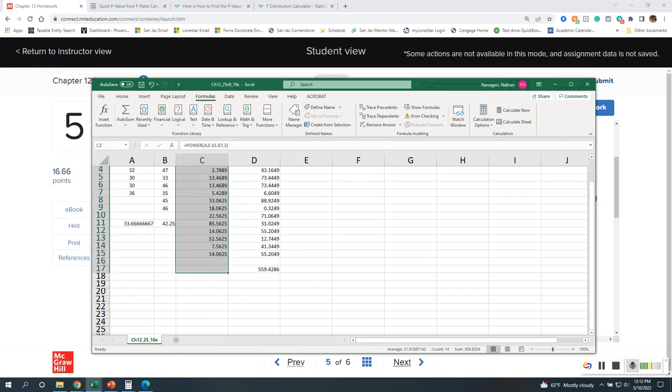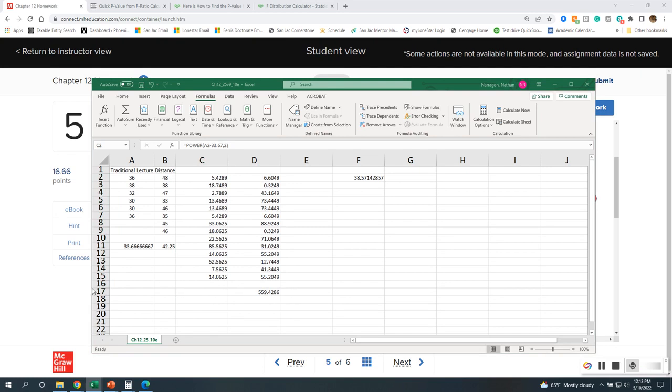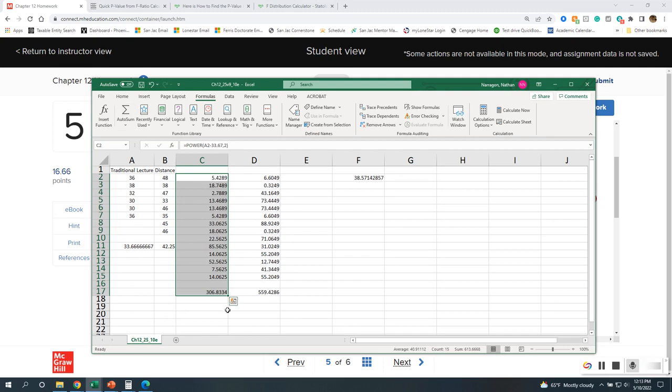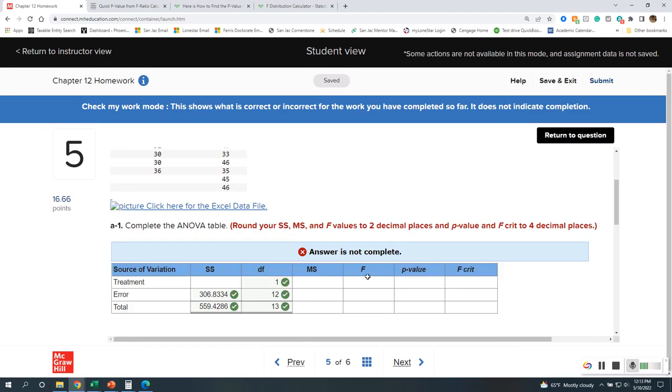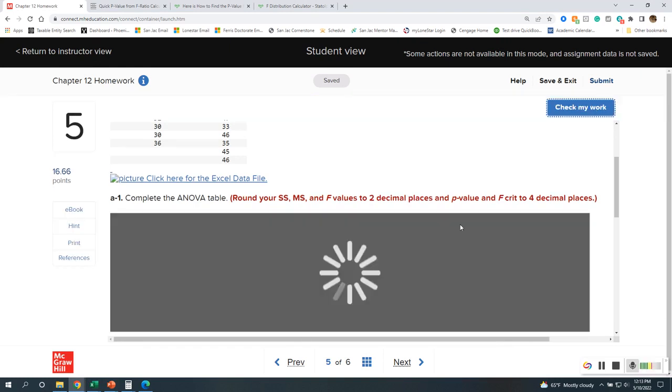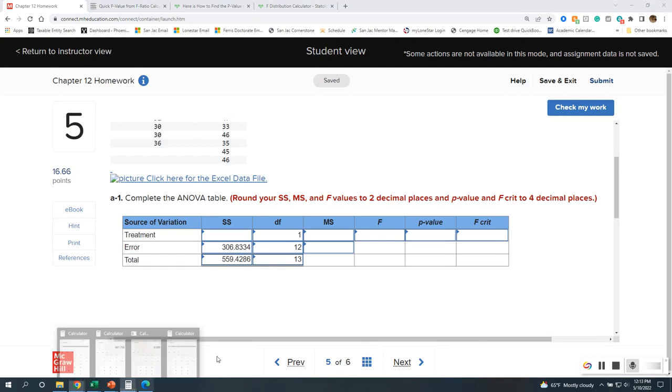Then we find the sum of this. So, auto sum, 306.8334. Check. Again, we may have rounding. Good. Now we find the difference.